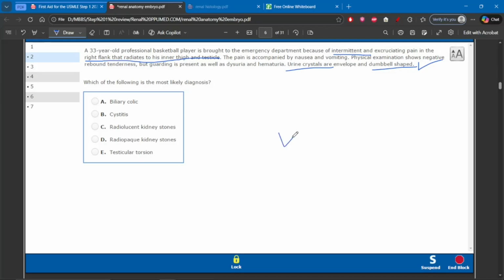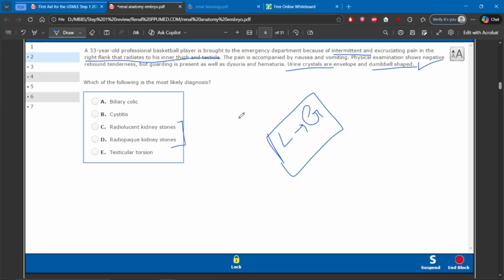Loin to groin is what they call this presentation. So loin to groin signifies the presence of a kidney stone, right? Now there are two options for kidney stones. So what should be the option? You basically have to know, looking at the shape, which kind of stone this is.